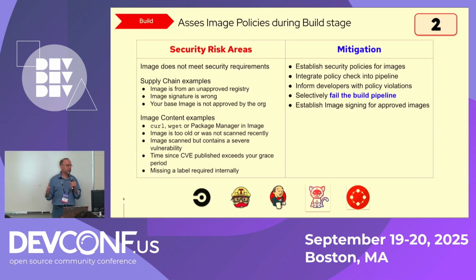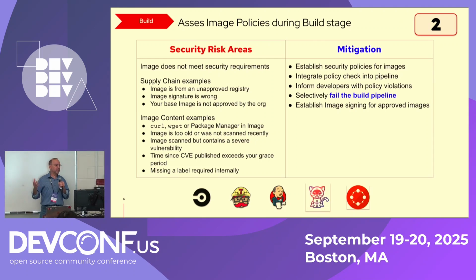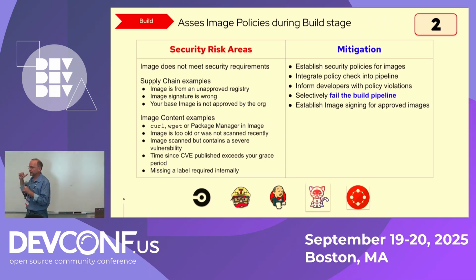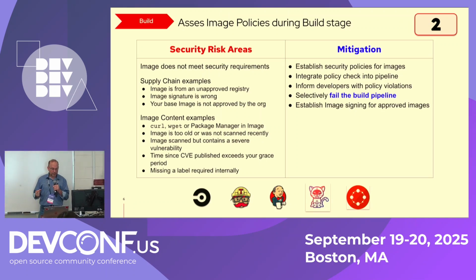From a supply chain perspective, you should approve which registries your users are allowed to use. What if the image is not signed? You need to think about how you're going to sign your images during the build, but you also want to verify them. And there are a lot of bad things that can go into images.